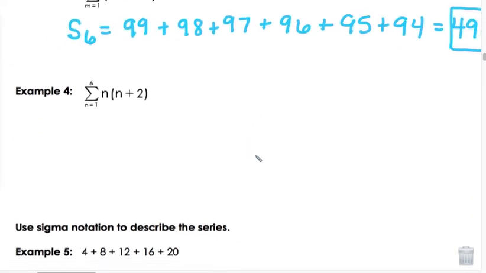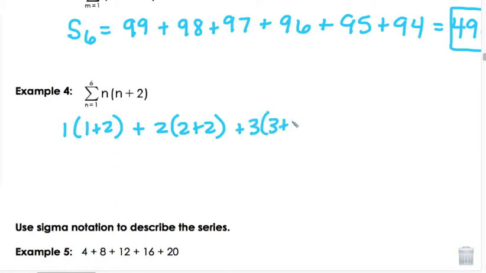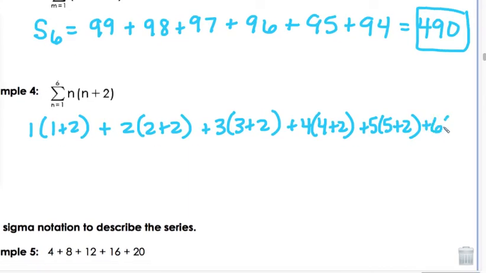Okay, let's look at example 4. Again, my index, my lower limit, is 1. I have my rule here and the term I'm going to go to, which is 6. So I'm going to substitute in 1 through 6. I'll start with the first one: 1 times 1 plus 2. Then I'm going to substitute 2 in: 2 times 2 plus 2. Substitute in 3, 4, 5, and 6.